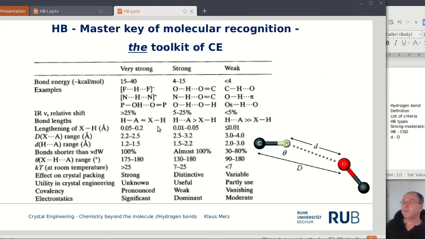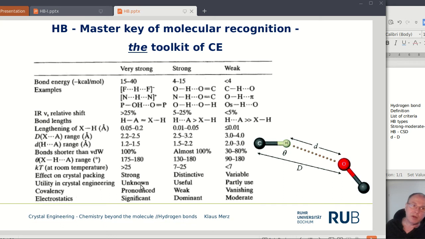Important is, if you scroll a little bit down, the effect on crystal packing. This is very important. Very strong hydrogen bonds are not really useful in crystal engineering because mostly we have isolated units.